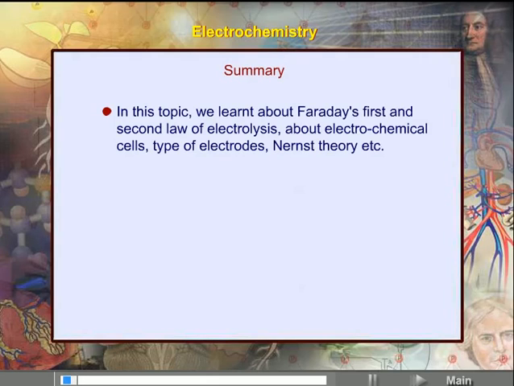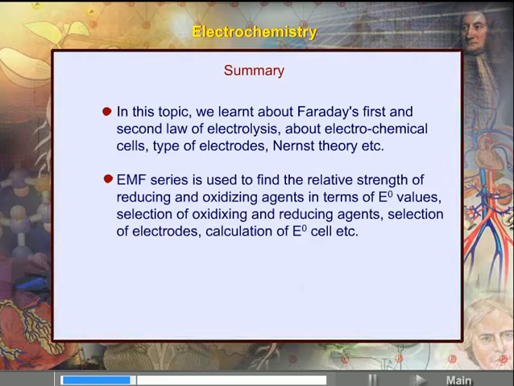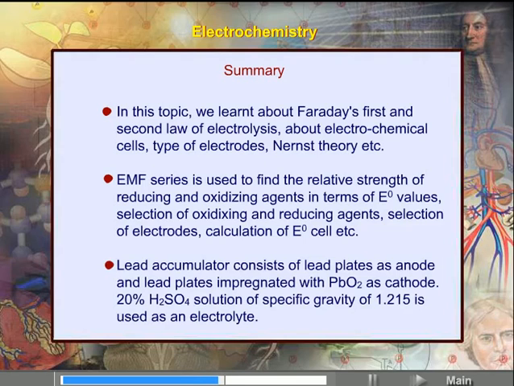Summary. In this topic, we learnt about Faraday's first and second law of electrolysis, about electrochemical cells, types of electrodes, Nernst theory, etc. EMF series is used to find the relative strength of reducing and oxidizing agents in terms of E0 values, selection of oxidizing and reducing agents, selection of electrodes, calculation of E0 cells, etc. Lead accumulator consists of lead plates as anode and lead plates impregnated with PbO2 as cathode. 20% H2SO4 solution of specific gravity 1.215 is used as an electrolyte.